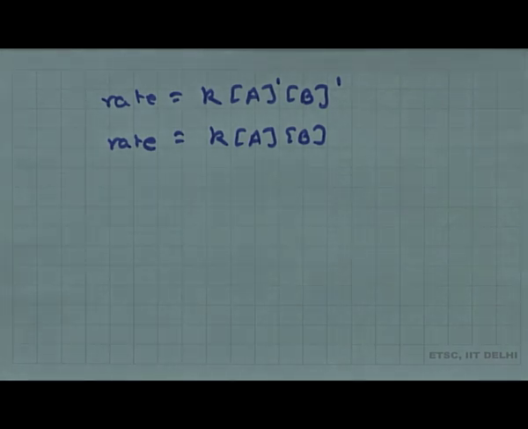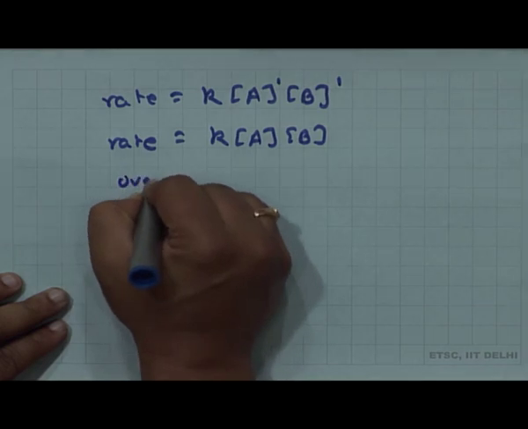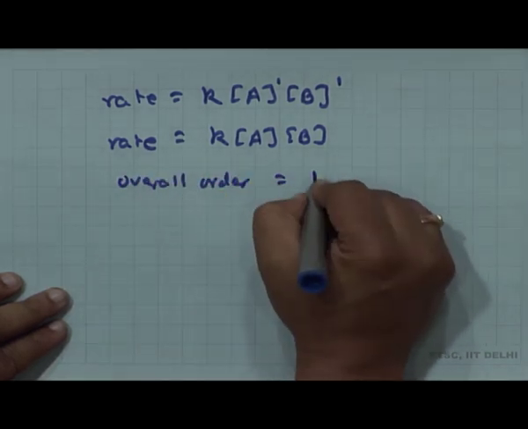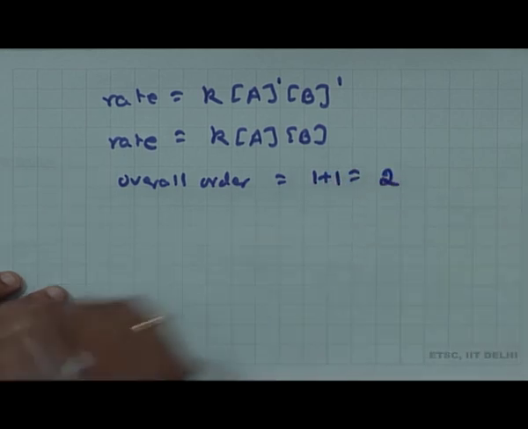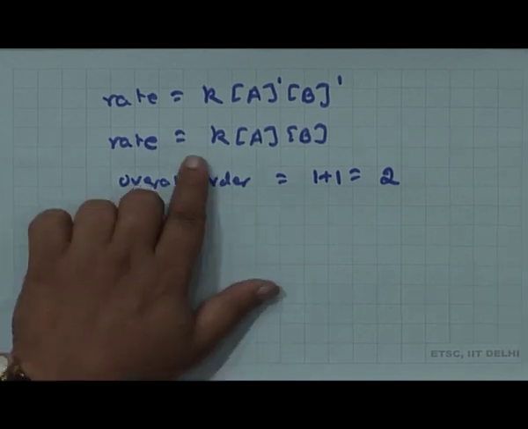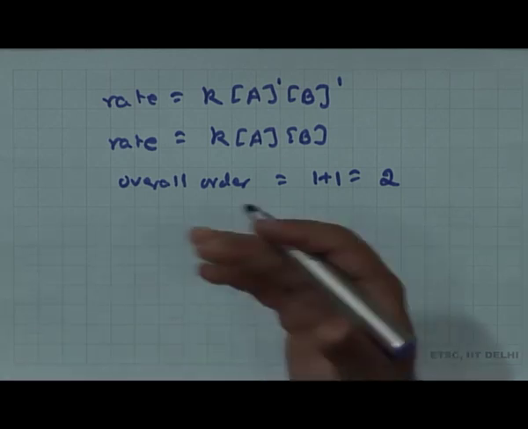Okay. Though it was not asked, the overall or total order is 1 plus 1 equal to 2, right. And then because this is a second order reaction, then what can I write?